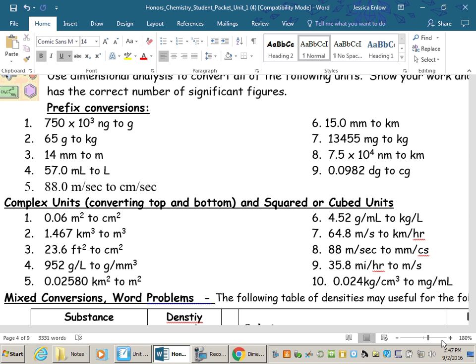So you would do 8.80 times 10 to the third. That's right. Wait, this is actually starting to make a little sense.